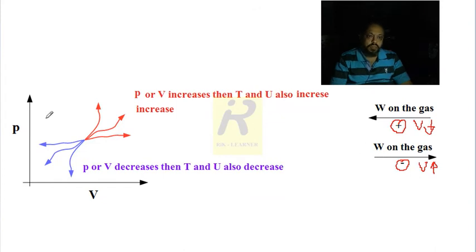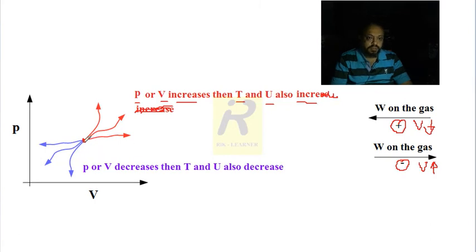One more thing: what you see here are some conventions for how we treat the curves. If the curve starting from a point extends to your right, then P or V increases, and then T and U also increase. If P or V decreases, then T and U also decrease.